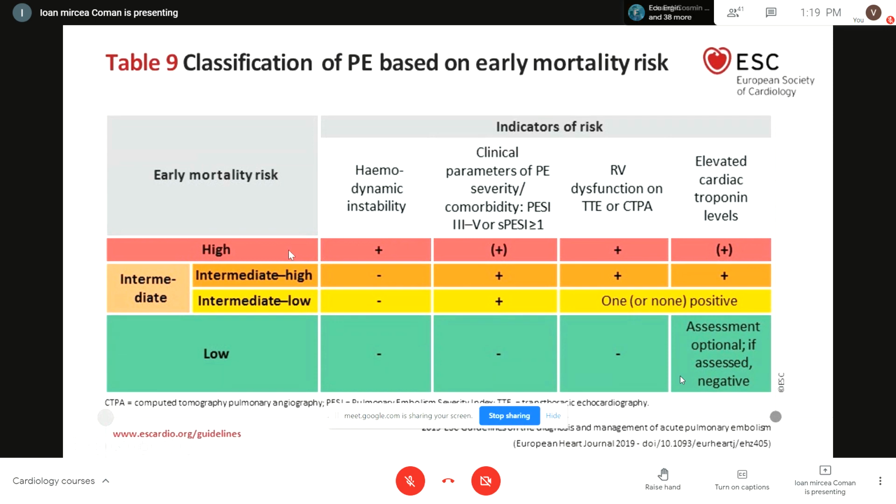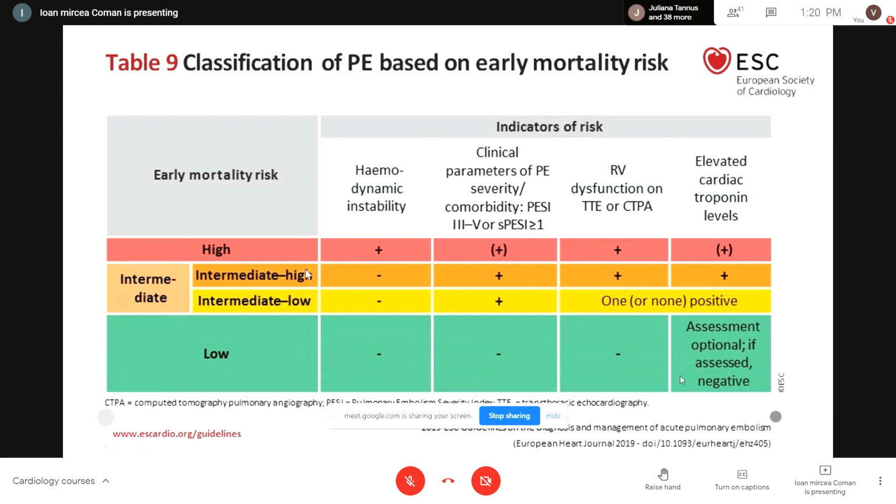So high risk of early mortality is for those which are unstable, which have a high PESI score, which have right ventricular dysfunction, and also elevated cardiac troponin levels, which show the reaction and the dysfunction of the right ventricle.